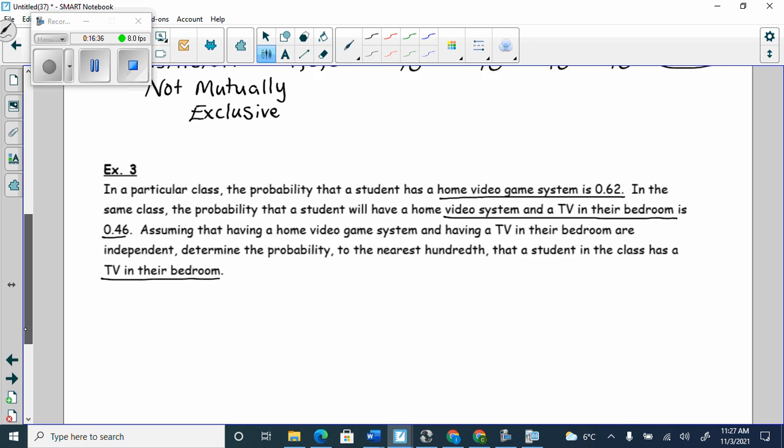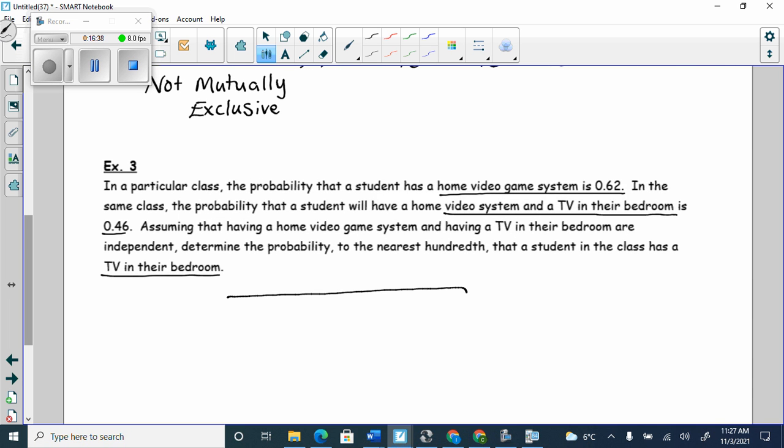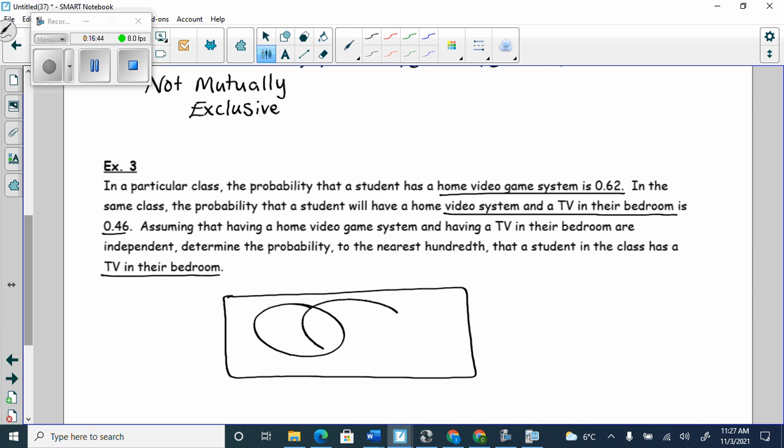Okay, so let's go through what we have. Okay, the in-between has what? 0.46. Gaming and TV. The home gaming system is 0.62.